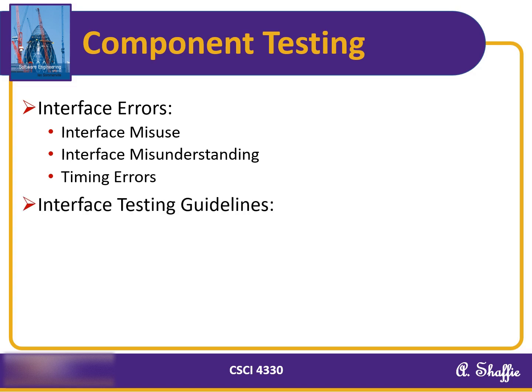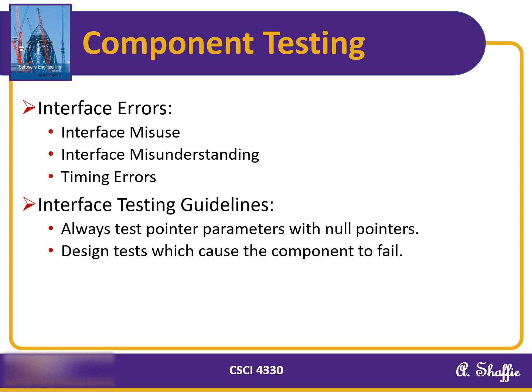Now let's look at some interface testing guidelines to address these errors. For interfaces using pointers, always test with null pointers to see how the system will handle them. For procedural interfaces, create tests designed to fail. This helps identify misunderstandings in how the interface is supposed to work.